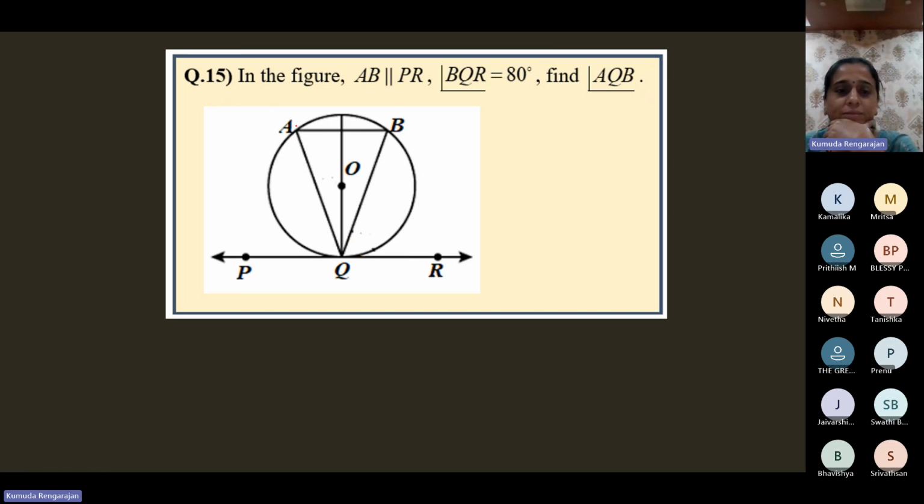Okay, AB is parallel to PR, children. And BQR, this one, is 80 degrees. Find AQB, this angle.